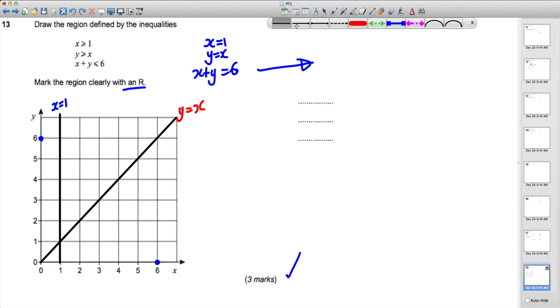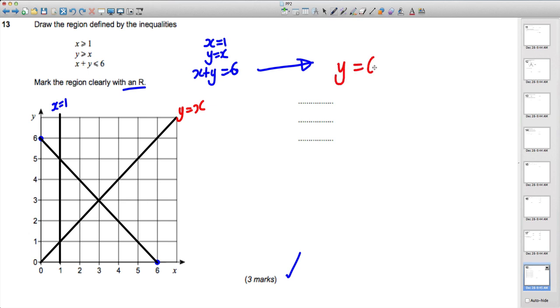So it would look like that there. Another way of doing it is just to rearrange it in the form y equals 6 minus x. Therefore, you know the y-intercept is 6, and you know it's got a negative gradient of 1, so it goes down like that. I think this is the easiest. Sub in x is 0, get y. Sub in y is 0, get x. Draw a line between the 2 points.